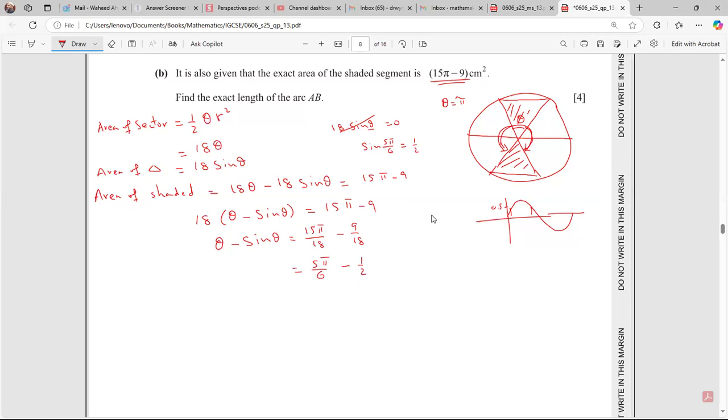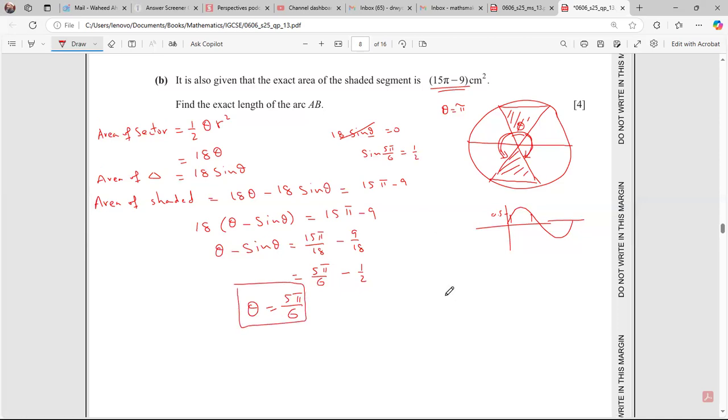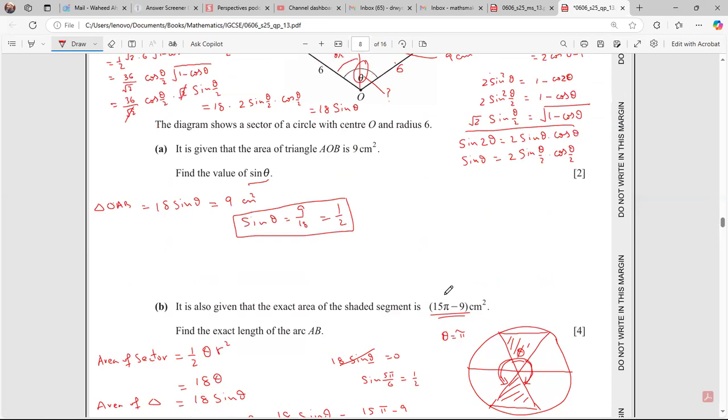So theta must be equal to 5 pi by 6. When you are doing this question in the exam, from part 1 you know that sine theta is 1 by 2, so theta must be pi by 6, right? But this is where the confusion comes.